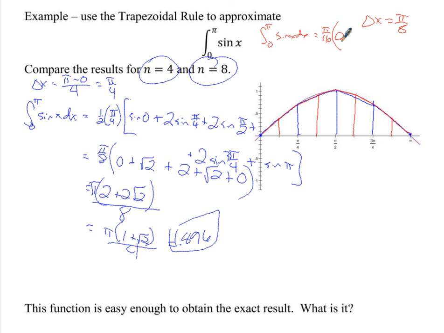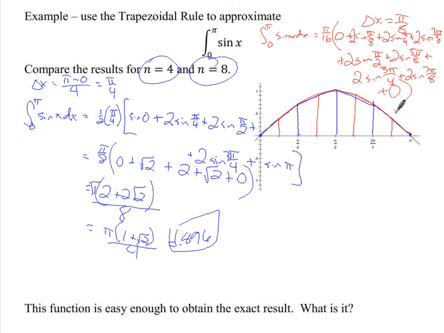So we know that this is 0, but the next one is plus 2 sine pi over 8, plus 2 sine pi over 4, plus 2 sine 3 pi over 8, plus 2 sine pi over 2, plus 2 sine 5 pi over 8, plus 2 sine 3 pi over 4, plus 2 sine 7 pi over 8, plus 0.